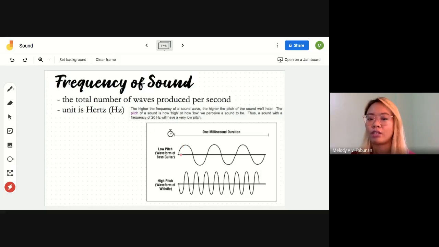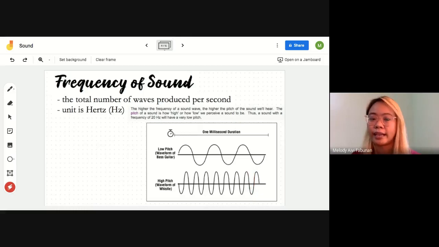So kung mapapansin nyo dito, 1, 2, 3, tatlo lang yung kanyang wave. Pagdating dito sa baba, medyo marami-rami. Ibig sabihin, mas mabilis yung production ng vibration, mas mabilis yung frequency ng sound. So ito ay merong 1, 2, 3, 4, 5, 6, 7, 8 na waves.